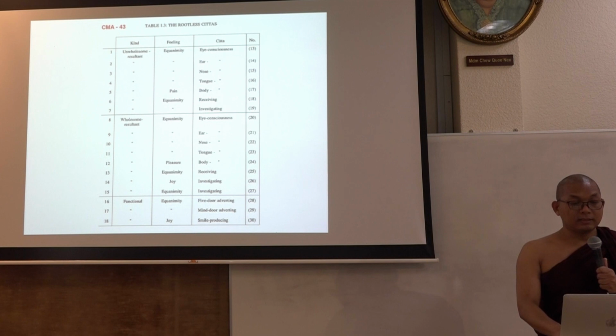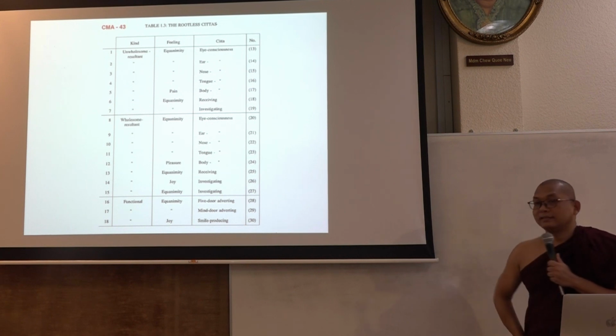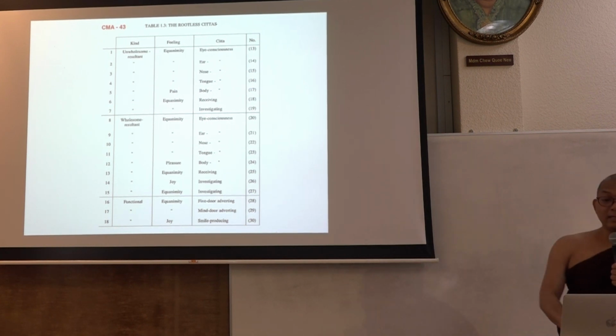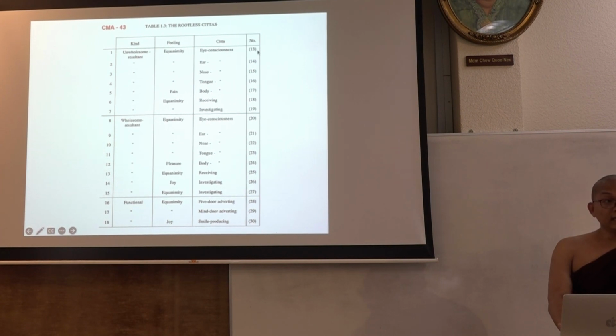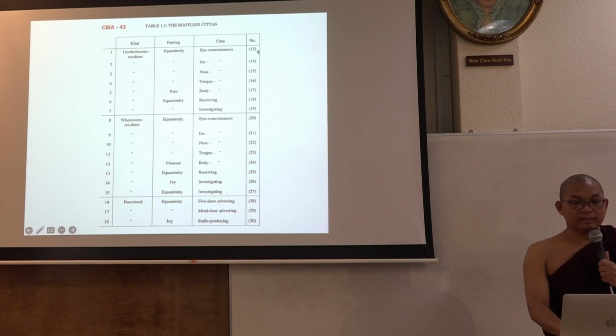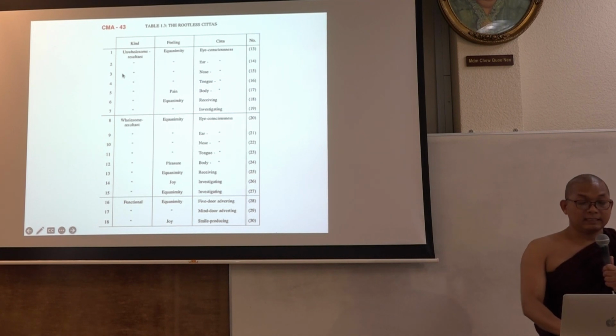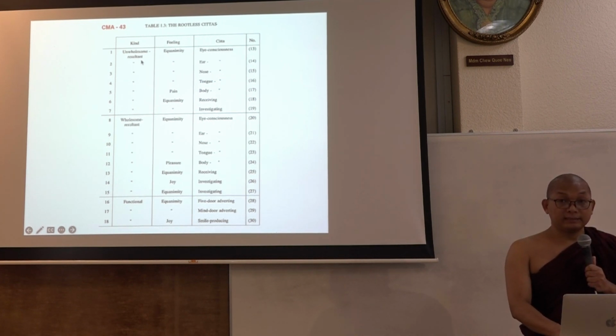Then look at page number 43. When you see this one, it's very easy, I think. You can see the numbers behind, the counting of 89 cittas. Earlier we already finished 12 akusala cittas, right? So here we will start at 30, 40, 50 like that. Here we have the 7 unwholesome resultant cittas, 7 akusala vipaka cittas.